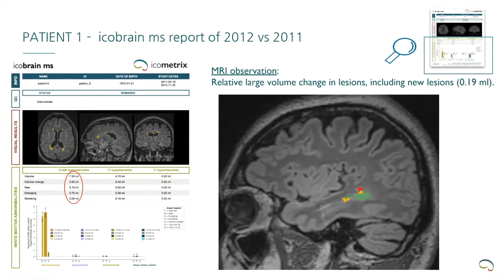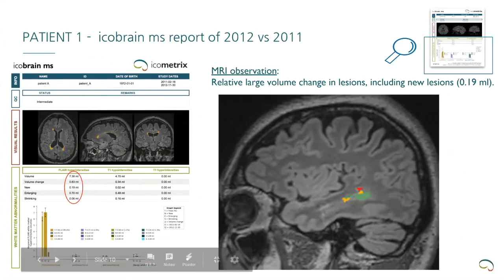I've lost my pointer, unfortunately, but you see that there is a green area on the screen to the right. And that is the lesion volume on this slice of the brain that was already present in the first scan. And then a small red spot that shows the lesion that is new on this image.